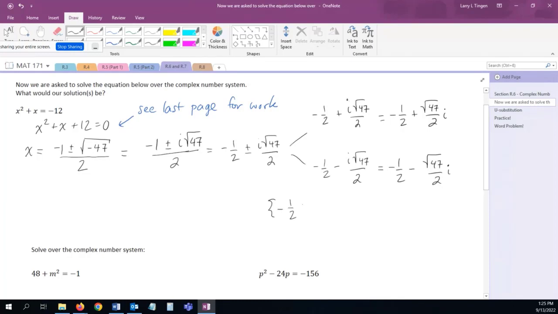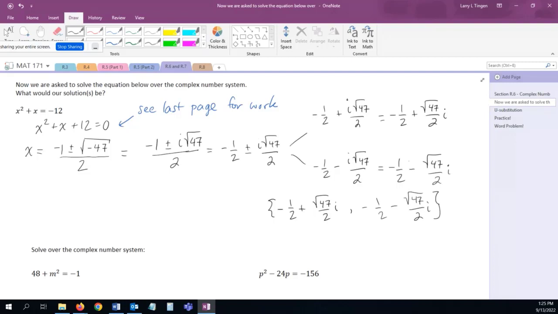So the solutions will be written as this pair of solutions. Anybody know what these are for each other? Take a look at the difference. What's the difference between the two solutions here? Everything's the same except for one piece.